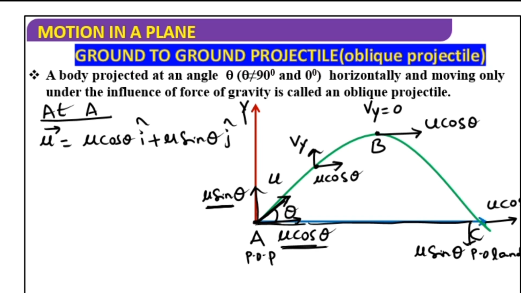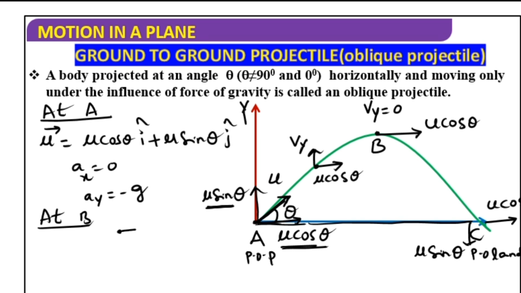This is the initial velocity at point A. This angle is called the angle of projection and u is the initial speed. Already we know very well acceleration along the x direction is equal to 0 and acceleration along the y direction is equal to minus g.